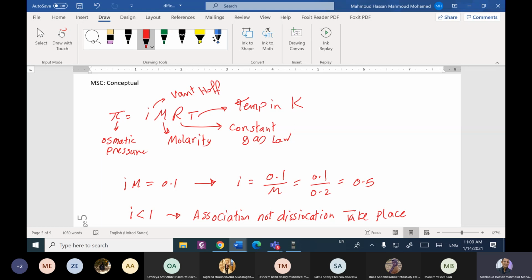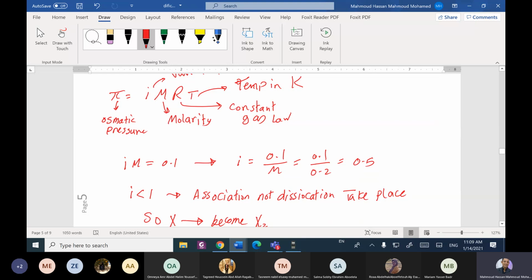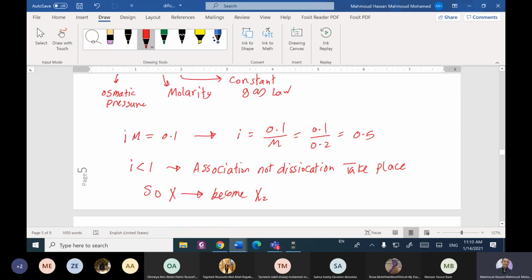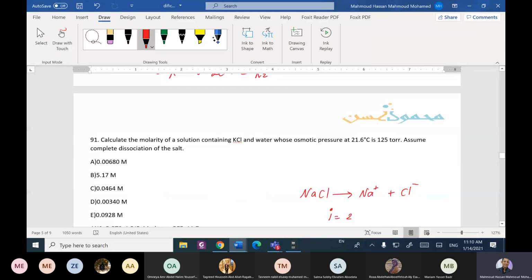The Van 't Hoff factor for non-polar solvents represents 1. So i in this case will be 0.1 divided by the molarity of 0.2, which represents 0.5. Since i is less than 1, association, not dissociation, is taking place, so the X's become X2. The particles associate with each other.